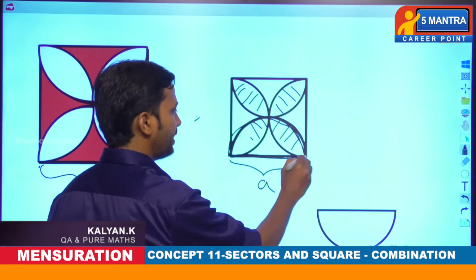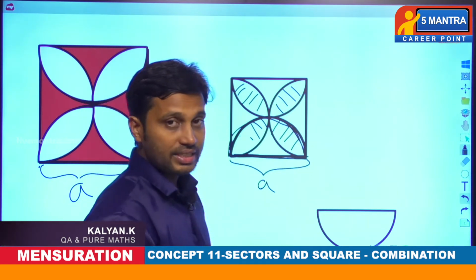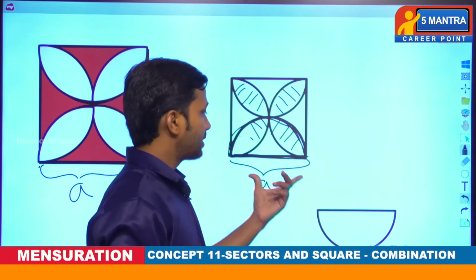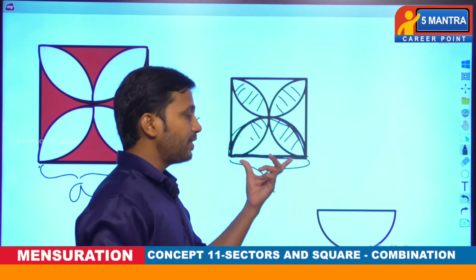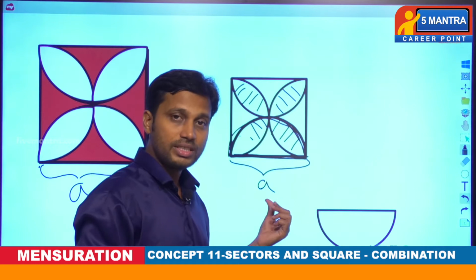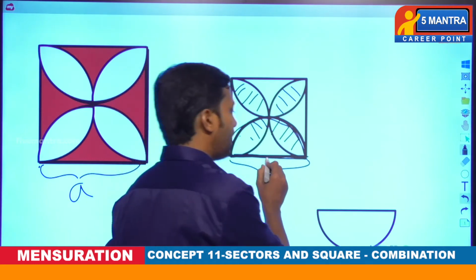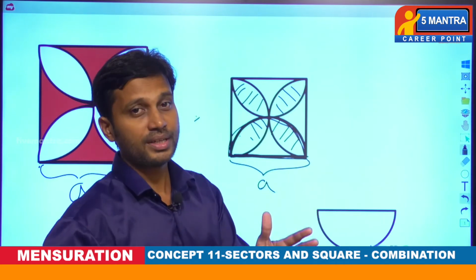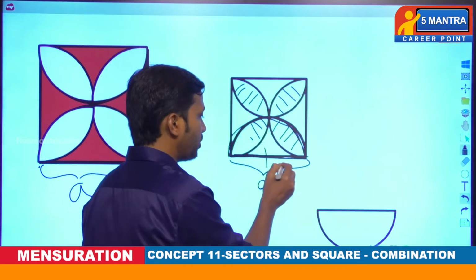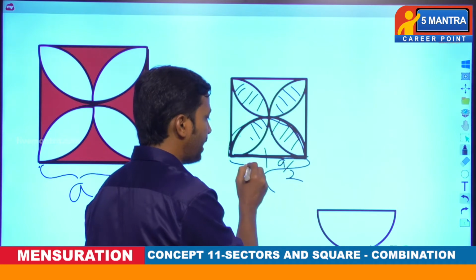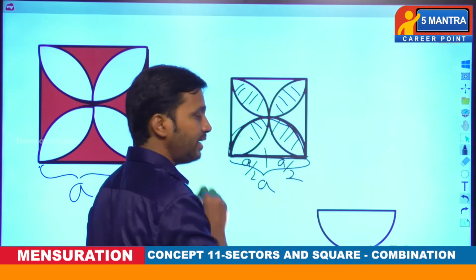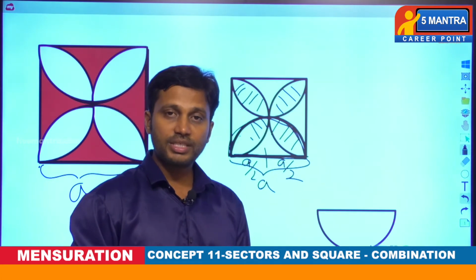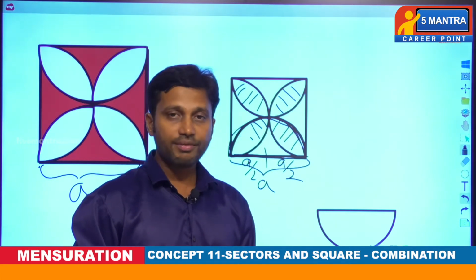So we can say that the diameter of each semicircle is equal to the side of the square. That means the diameter is also A. The radius is half of the diameter, so radius equals A by 2, right? So here we could find the radius of each semicircle and the side of the square also.